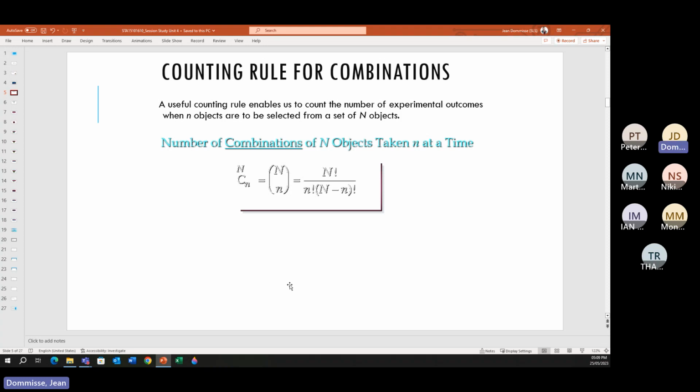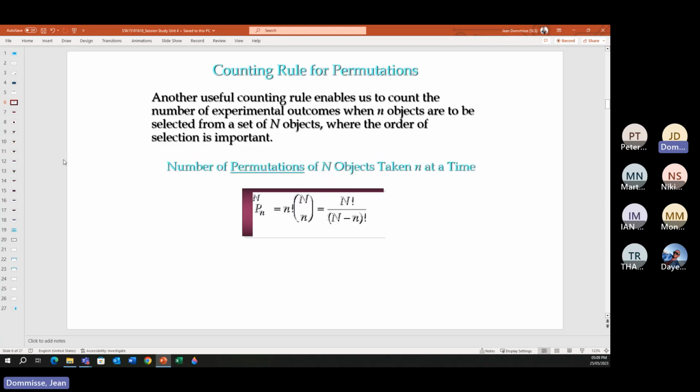When we look at assignment 2, now that we are in probabilities, they will probably give you a problem around combination, or a problem around permutation.